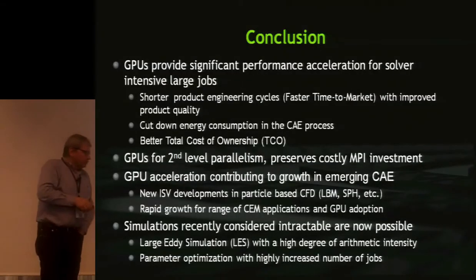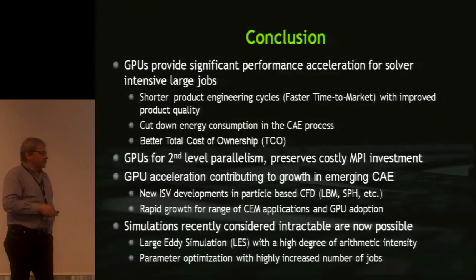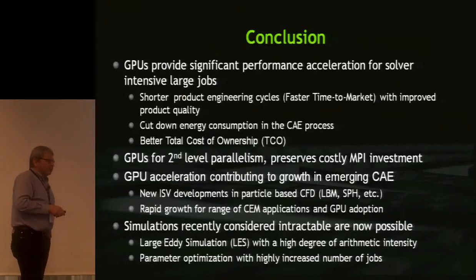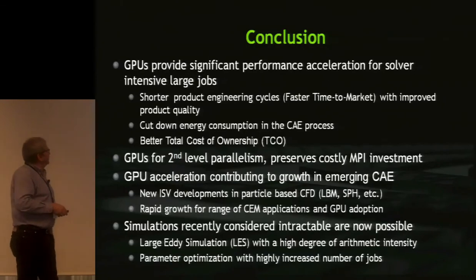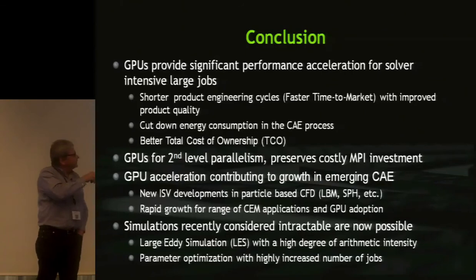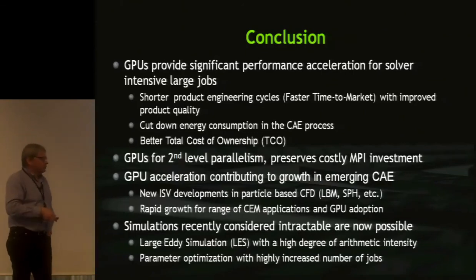In conclusion, GPUs are providing significant performance acceleration for solver, especially for large jobs, so for large input sets, which leads to shorter product engineering cycles. So faster time to market is a keyword, a buzzword in this case, which improves the product quality and the product cycles.